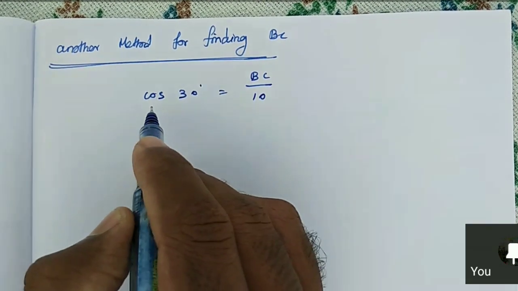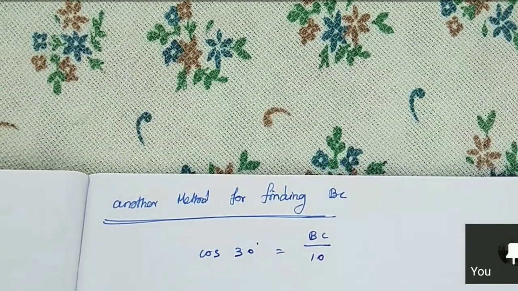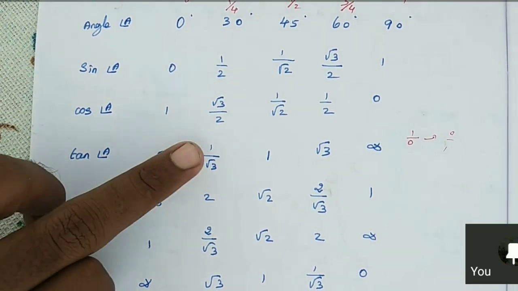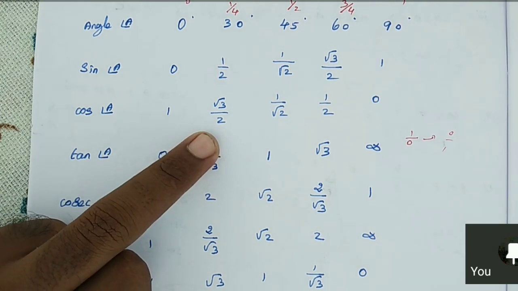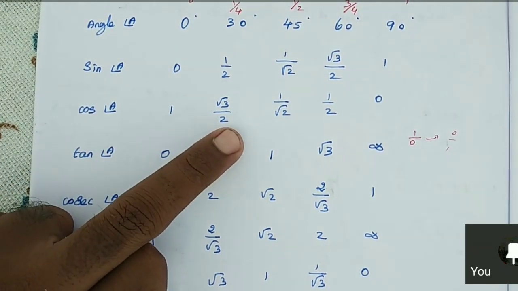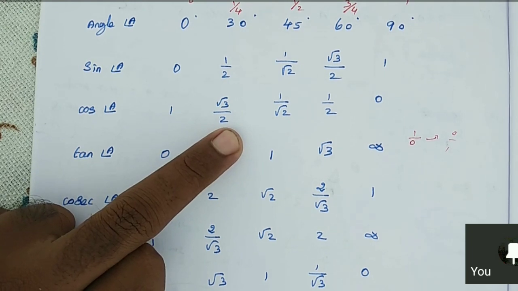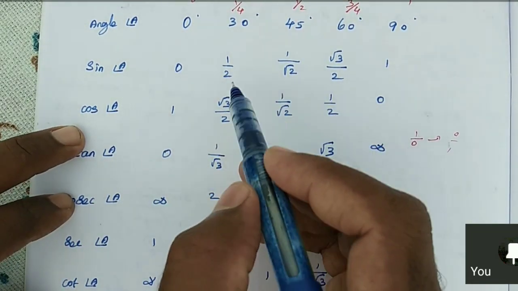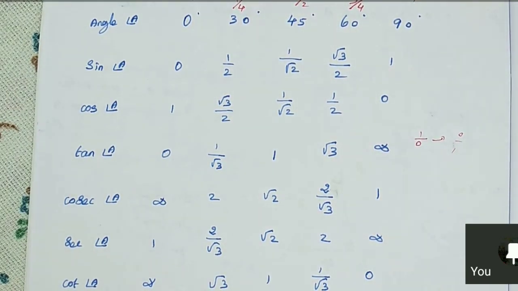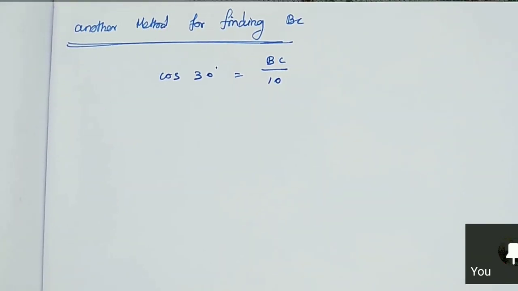Next, what is the cos 30 degree value? Root 3 by 2, right? Do you all know how to find the answer in the table?